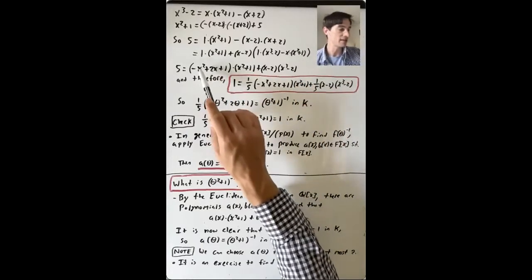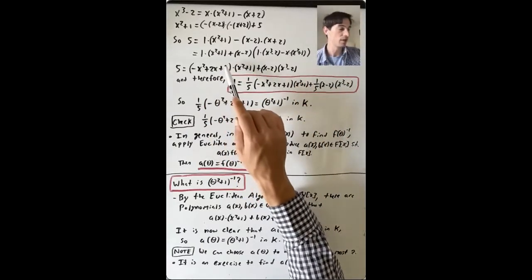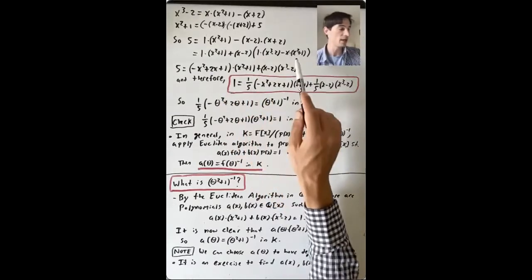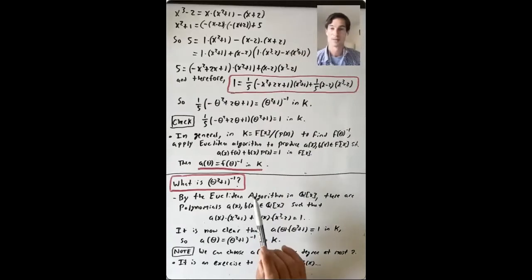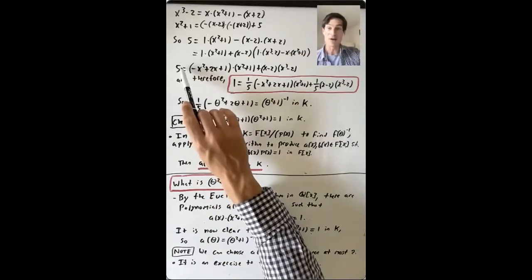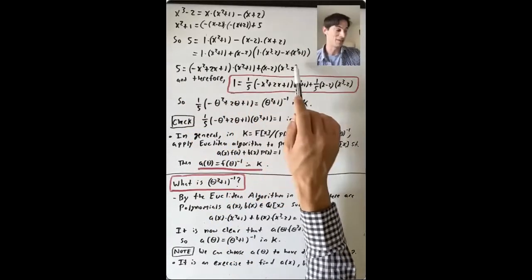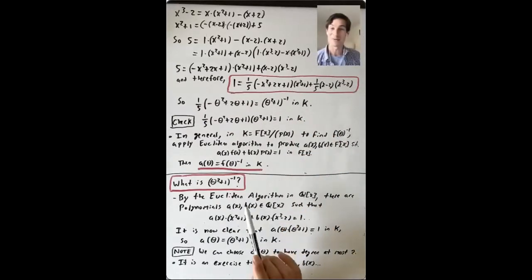So it should be (minus x squared plus 2x plus 1) times (x squared plus 1), and then plus (x minus 2) times (x cubed minus 2). Okay, so now we found 5 as a polynomial linear combination of x squared plus 1 and x cubed minus 2. How do we go from 5 to 1?